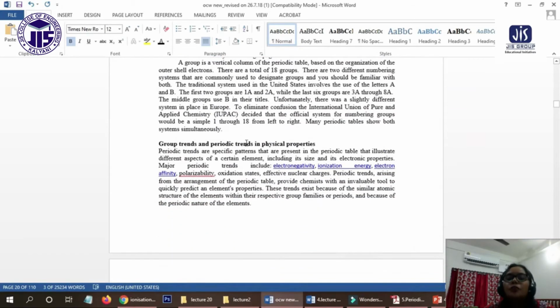Now we will see some of the physical properties. First of all, we will see the size effect.